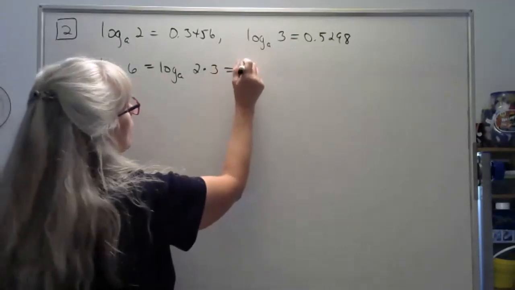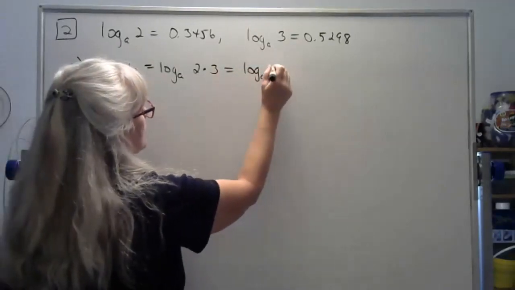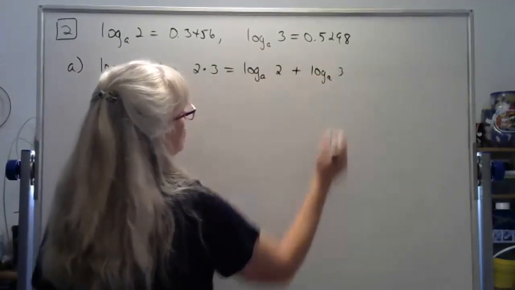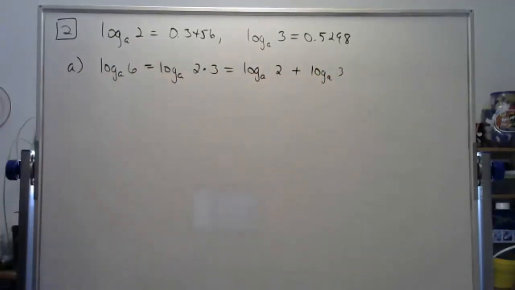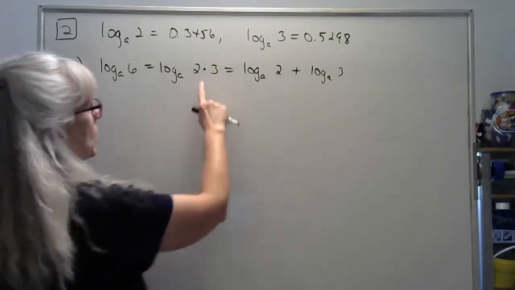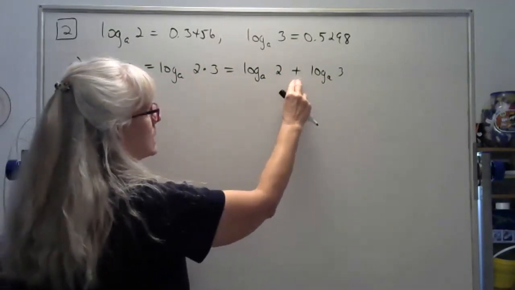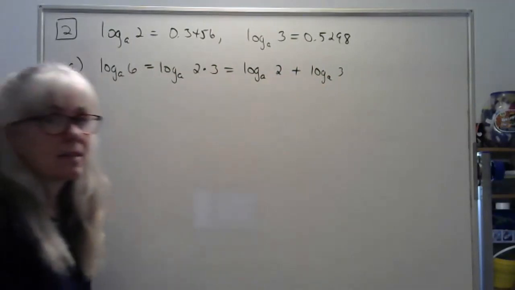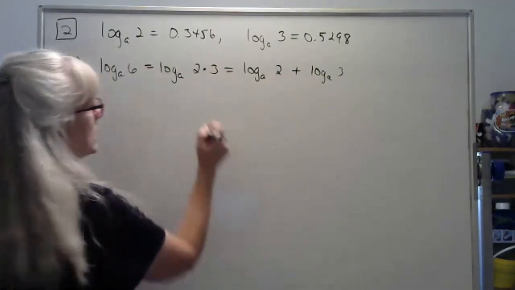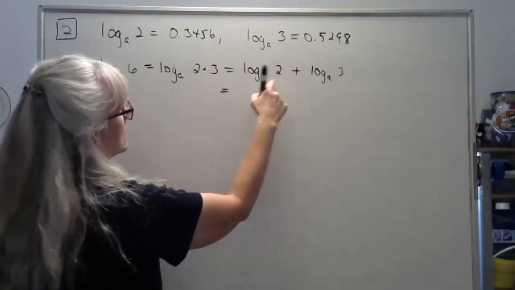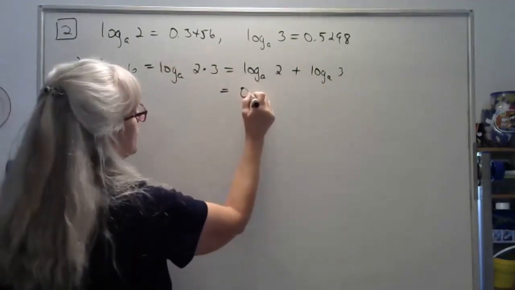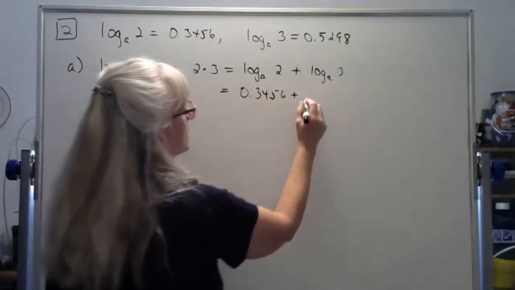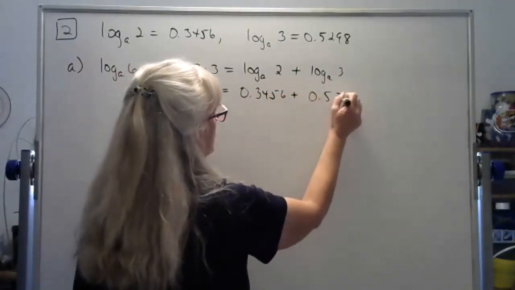Well, we have a property that says if you have the log of a product, you can then rewrite it as the sum of those logarithms. So it was a product on the left side. I'm going to write it as a plus between 2 separate terms on the right side. And then the minute I've done that, I can do a substitution. I know that log base A of 2 is 0.3456, and log base A of 3 is equal to 0.5298.